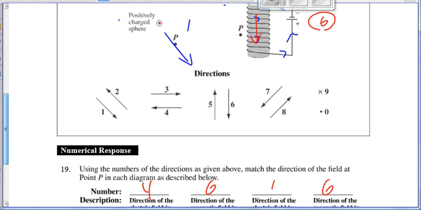The third one is 1 because that's a positive producer, and the field points away from positive producers, right? So it's down and to the right. Here's number 6. This last one's the problem, though. I found the magnetic field inside the coil. Where are they asking me to find it? Outside. So it's going to be up, isn't it? So the answer for that one's going to be 5, not 6.